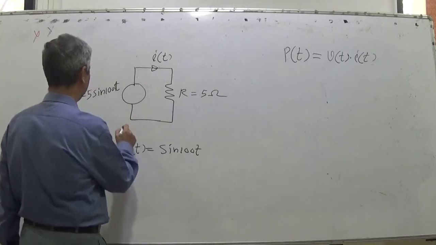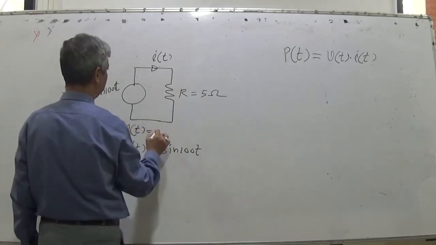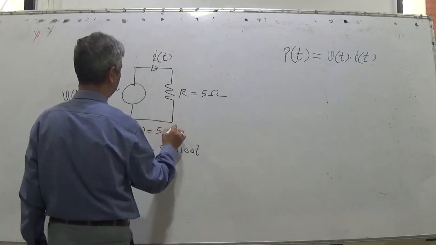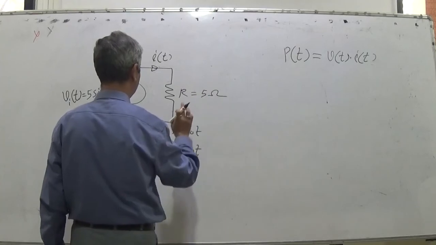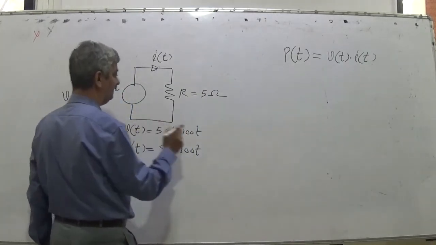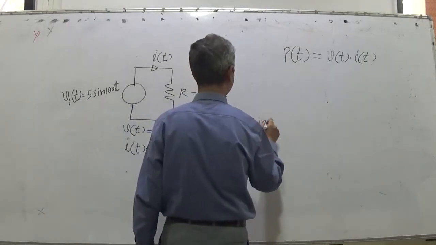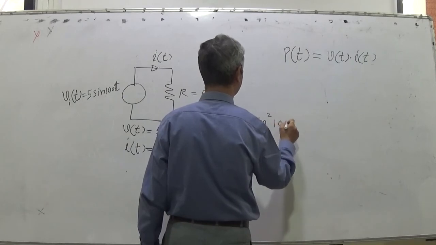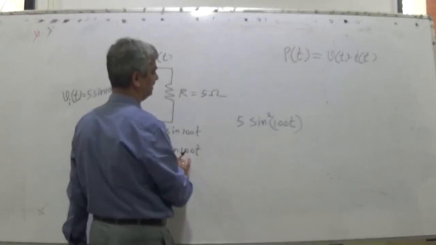It is v(t) divided by R, because the same voltage is here, 5 sin 100t. R is 5 ohm, so the current is sin 100t. So what is v(t) into i(t)? 5 sin square 100t, which is very important. Sin 100t into sin 100t.